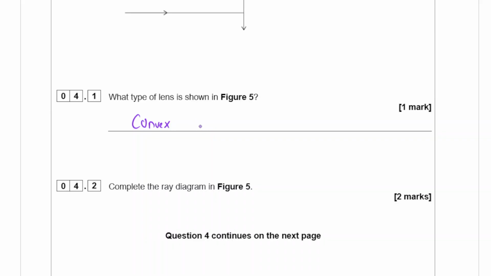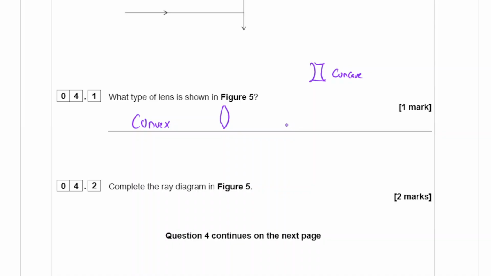Convex lens, which basically will have this shape, right? Remember, this is a concave lens, which basically spreads out the light.